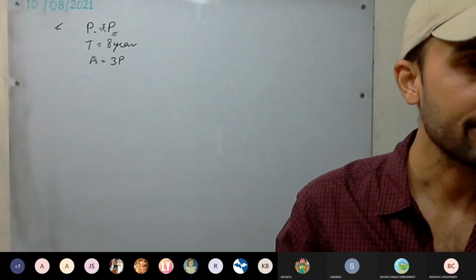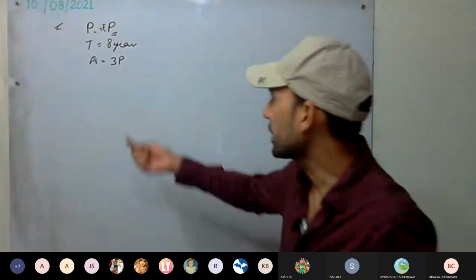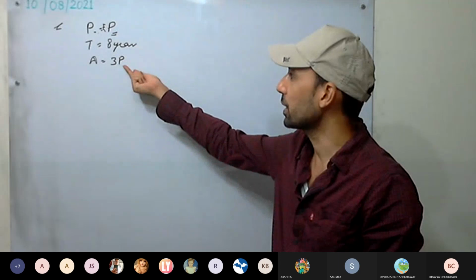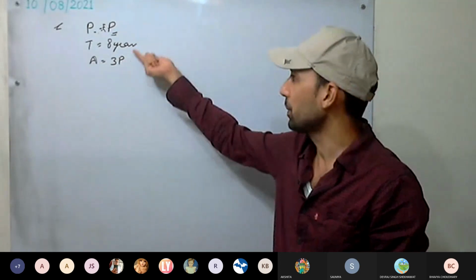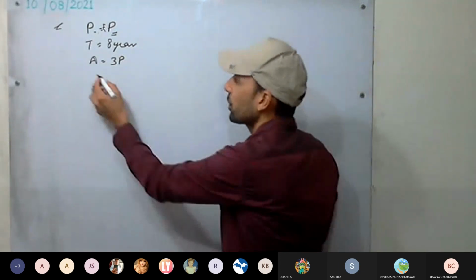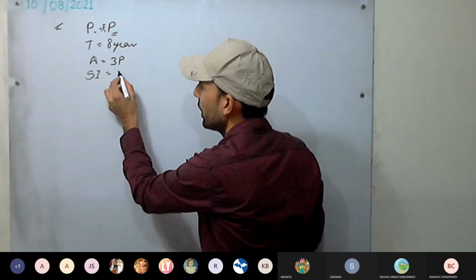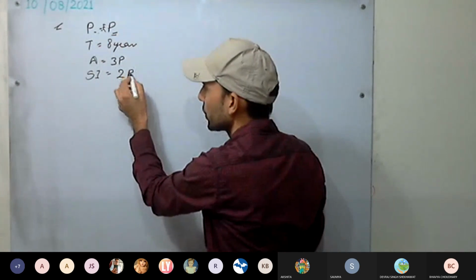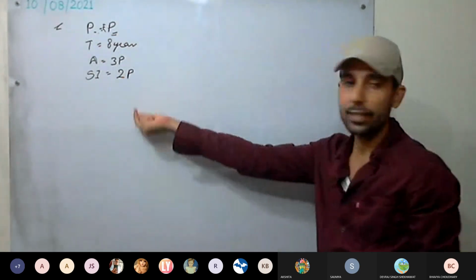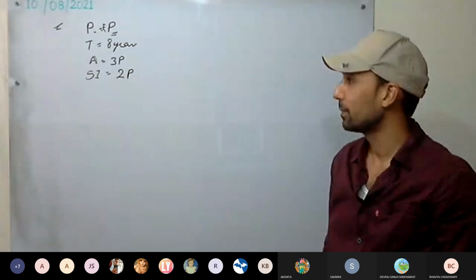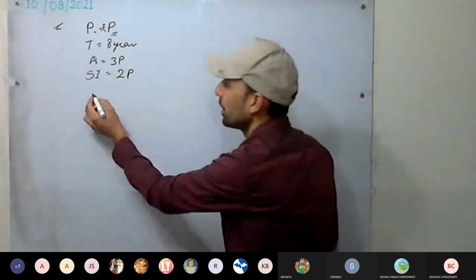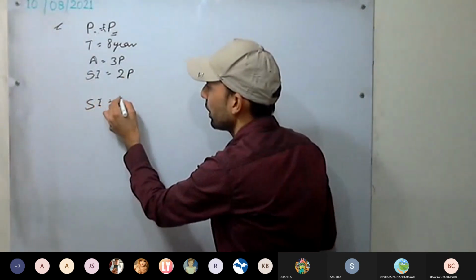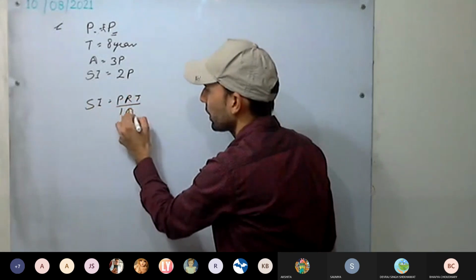A certain sum of money trebles itself in 8 years, that is, in 8 years it becomes triple of itself. What will be the simple interest? 3P minus P, it will be 2P. Calculate the rate. Rate you can calculate easily. SI equal to PRT upon 100.